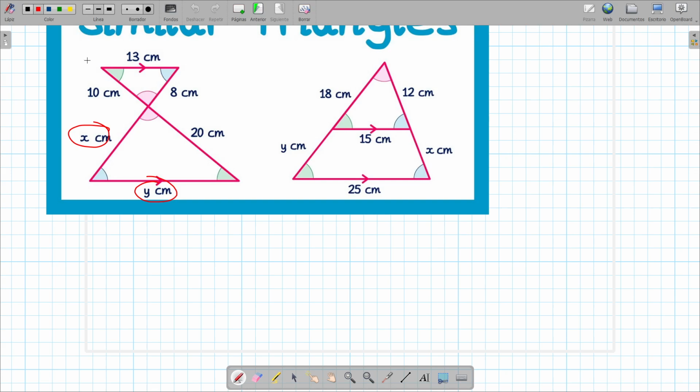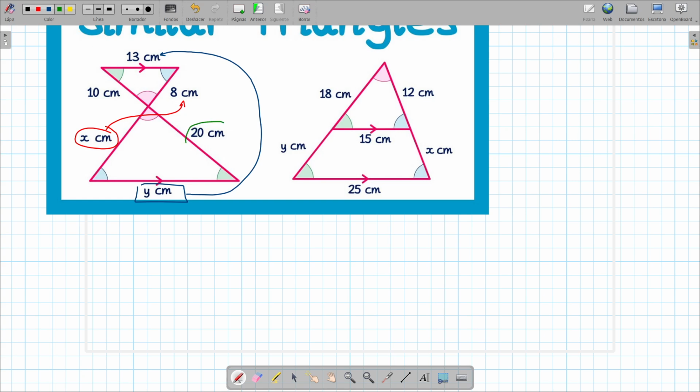The same happens here. If you realize, these triangles are quite related. For example, this side y is related to this one, right? This side x, which is the smallest between these two sides, is related to this one.